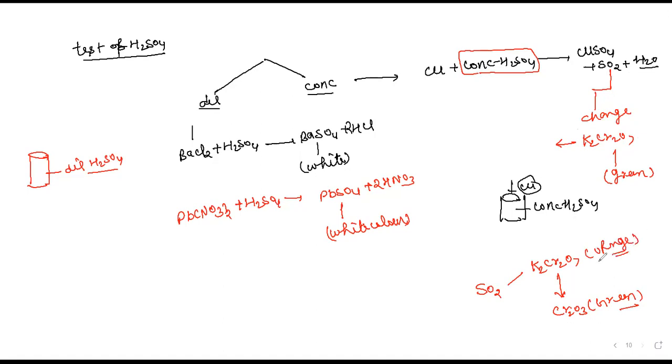So whenever copper reacts with concentrated H2SO4, a gas is evolved, and this gas turns, beta, potassium dichromate paper green by nature. Okay, this way we can say this is your H2SO4. In the same way, another reaction: NaCl plus H2SO4, the temperature is less than 200 degrees Celsius, it will form NaHSO4 plus HCl.